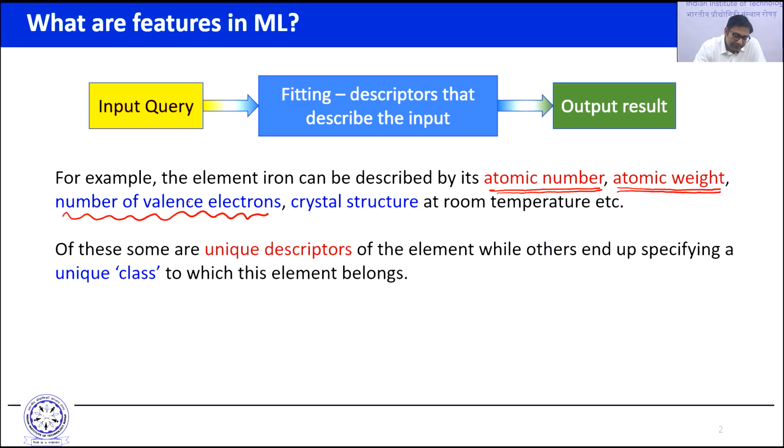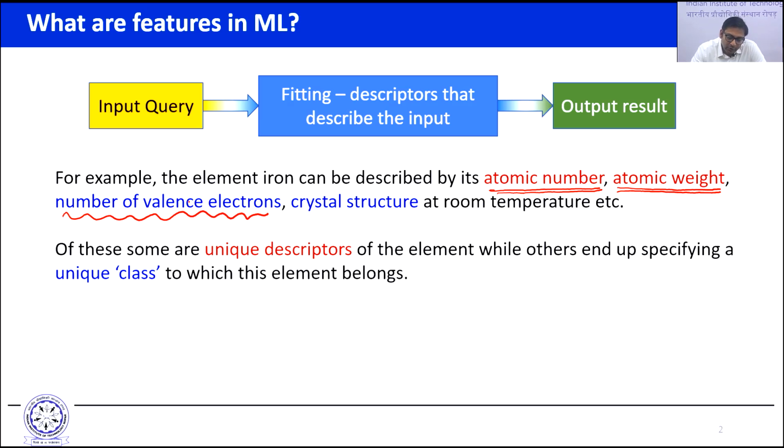If you look at the features which I have highlighted in blue, you will notice that things like the number of valence electrons are not unique to any particular element. You could have multiple elements having the same number of valence electrons. Similarly, for crystal structure, alpha ferrite at room temperature is BCC, but there are lots of other metals which have the BCC crystal structure at room temperature.